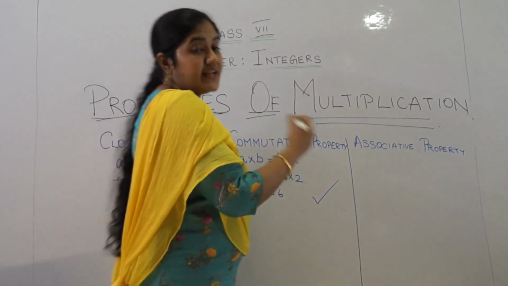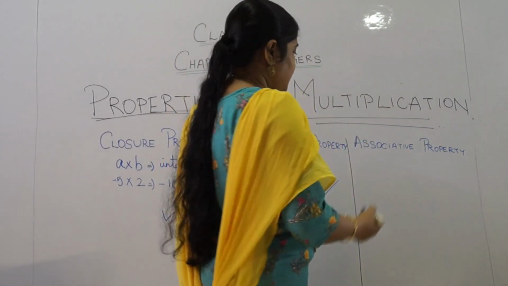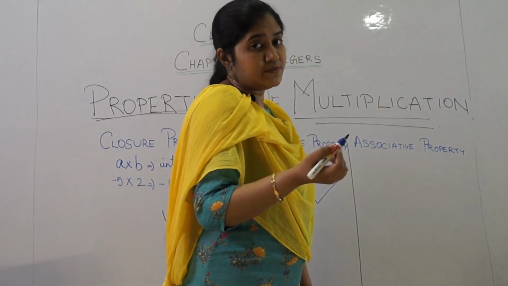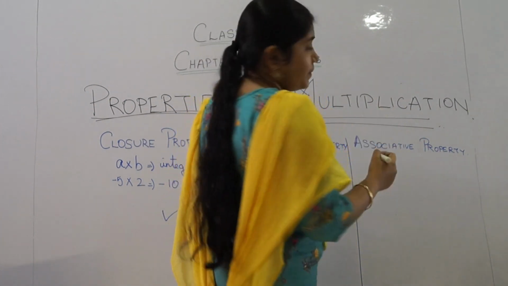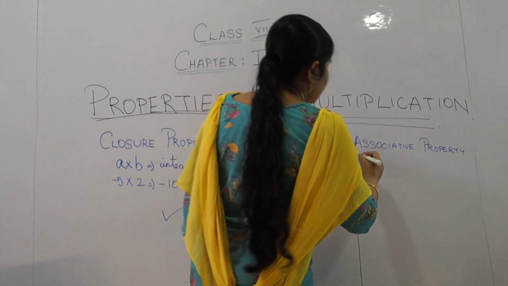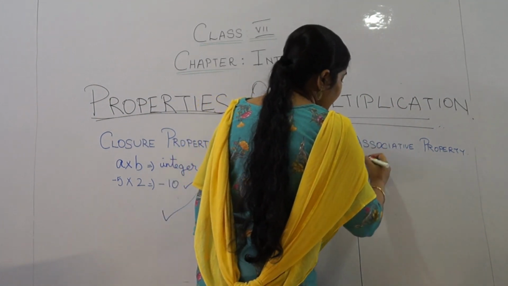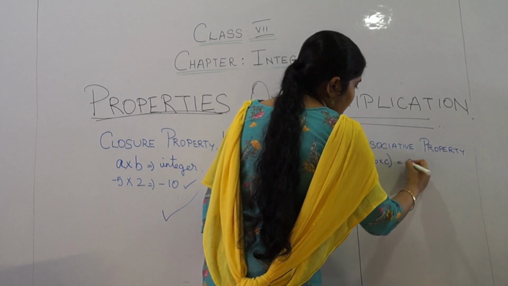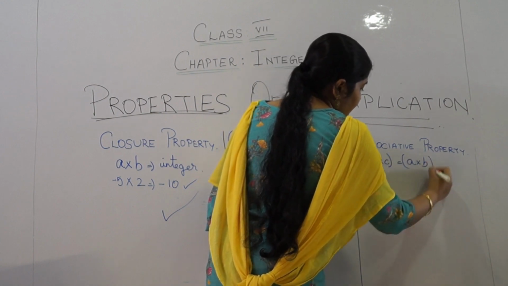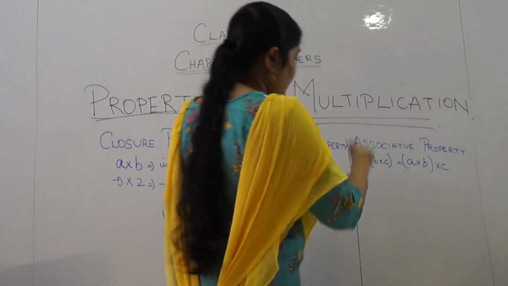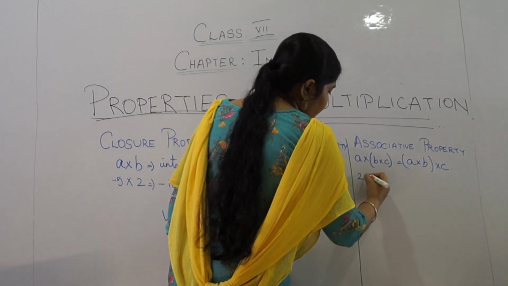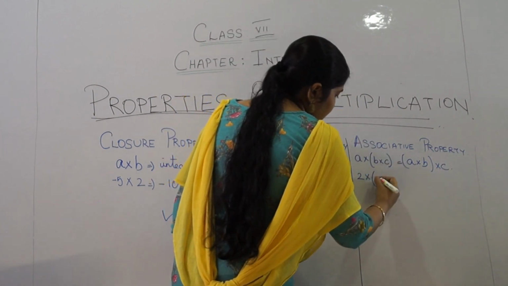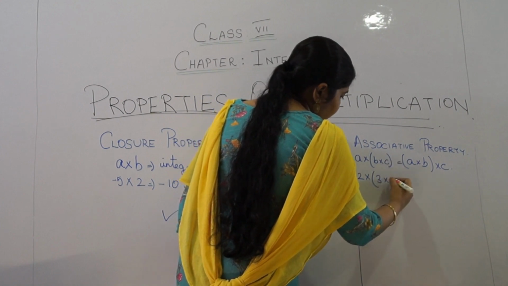Now moving on to the next property, the associative property. The associative property is nothing but grouping of the integers. This property states that a into b into c should be equal to a into b into c, with different groupings. Let's take a to be 2, b to be 3 and c to be 1.